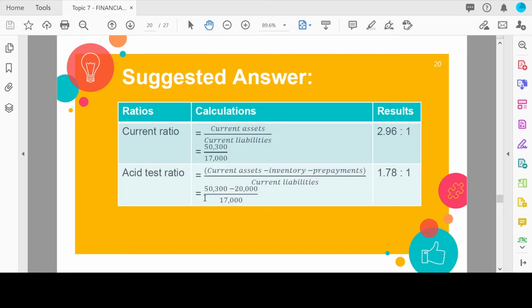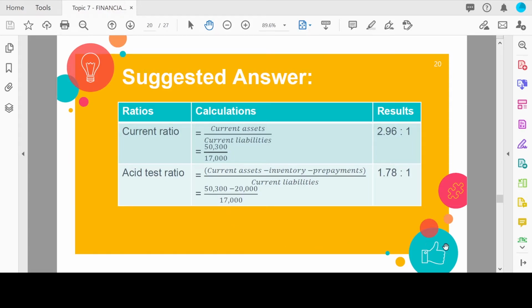So 50,300 minus 20,000 divided by current liabilities of 17,000, and the answer is 1.78 to 1. Again, 1 represents the current liabilities, 1.78 represents the liquid asset of current asset, because we removed the least liquid assets, which are inventory and prepayments.